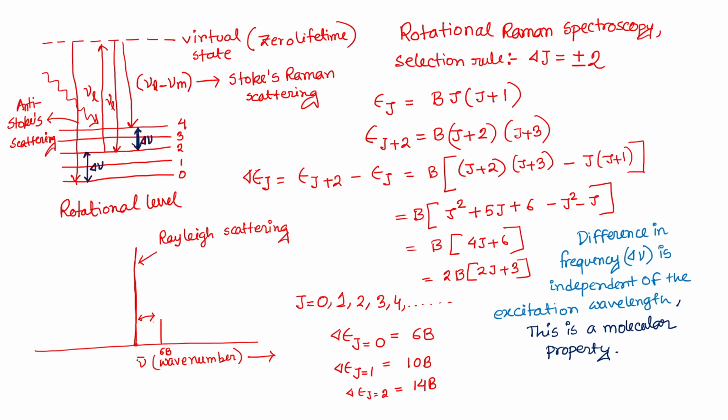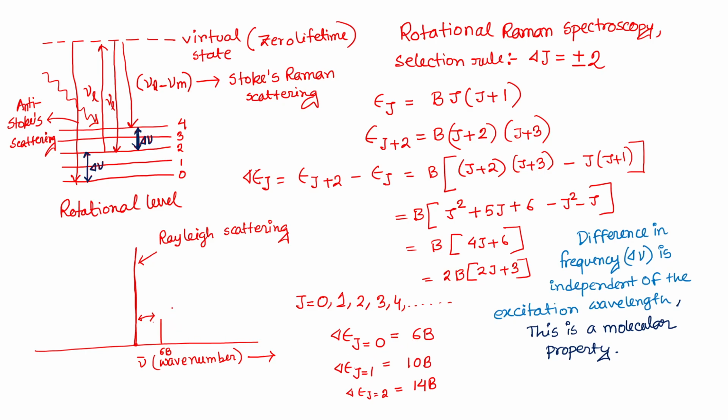Okay. Now suppose our next point. So this point was made clear. Now at what gaps are we going to get the spectra? See, the first spectrum for rotational energy levels, for J equals 0 it will be 6B, for J equals 1 it will be 10B.